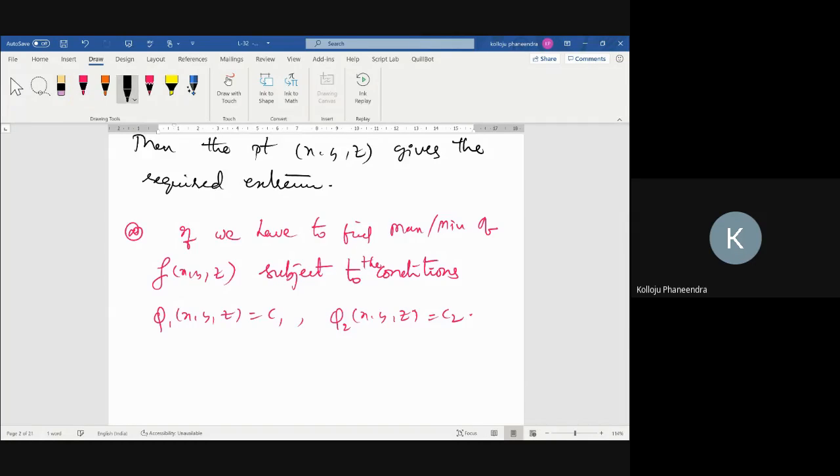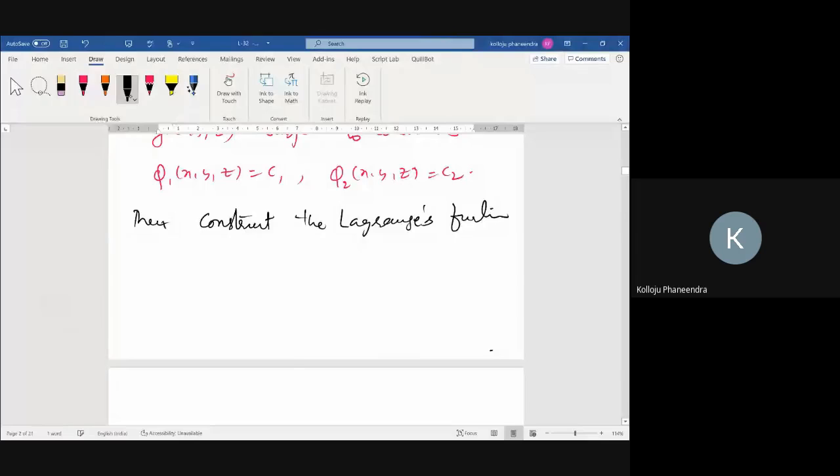Then what is the procedure? Construct the Lagrange's function. How to construct it? Same logic. Lagrange's function L(xyz): first write the original function which is to be maximized or minimized, plus lambda 1 into phi 1 of xyz minus C1.